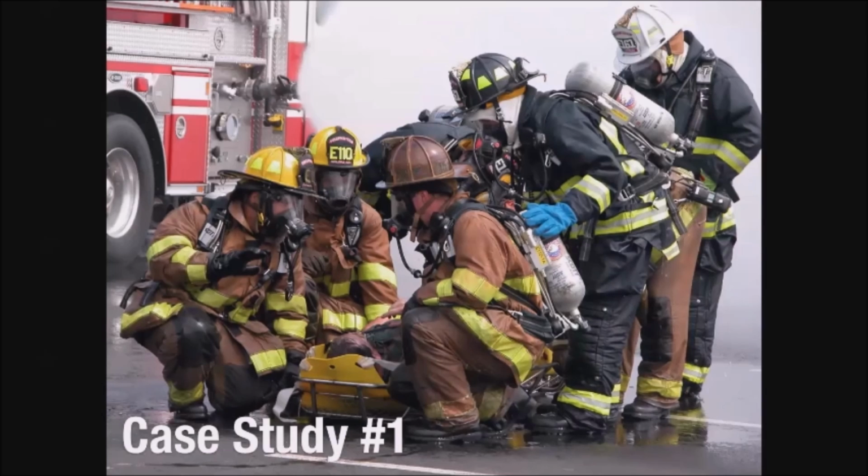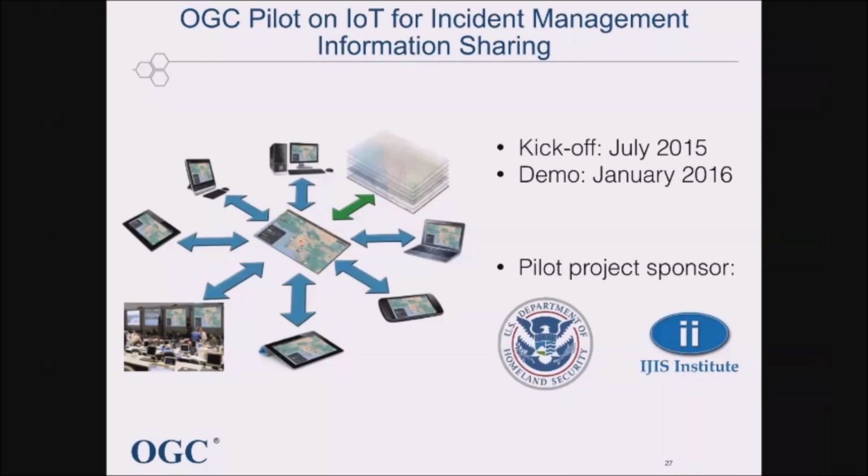And for the disaster manager, for decision makers, all they want to see is a coherent picture of what's happening. If there are 10 groups there, they don't want to see 10 screens. They want one big screen with the data from 10 systems in a coherent picture. However, this is not the case right now. So this is an OGC pilot project for incident management information sharing.